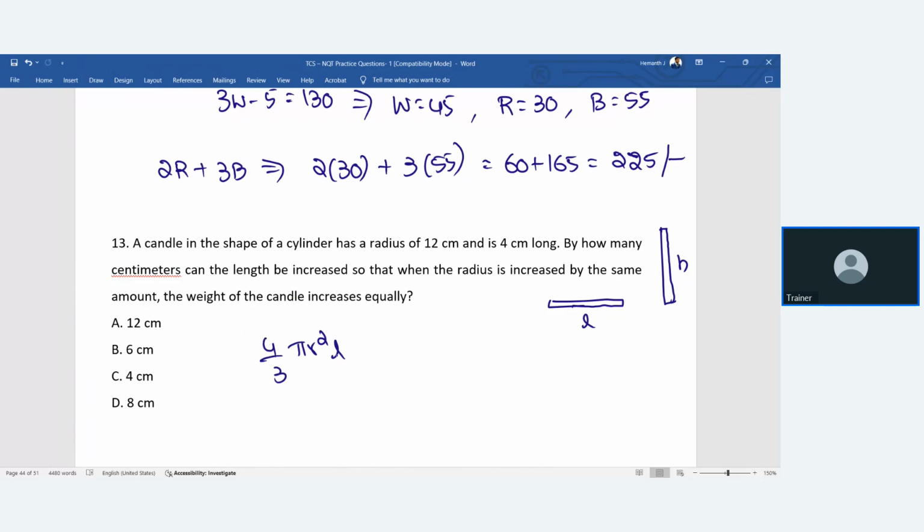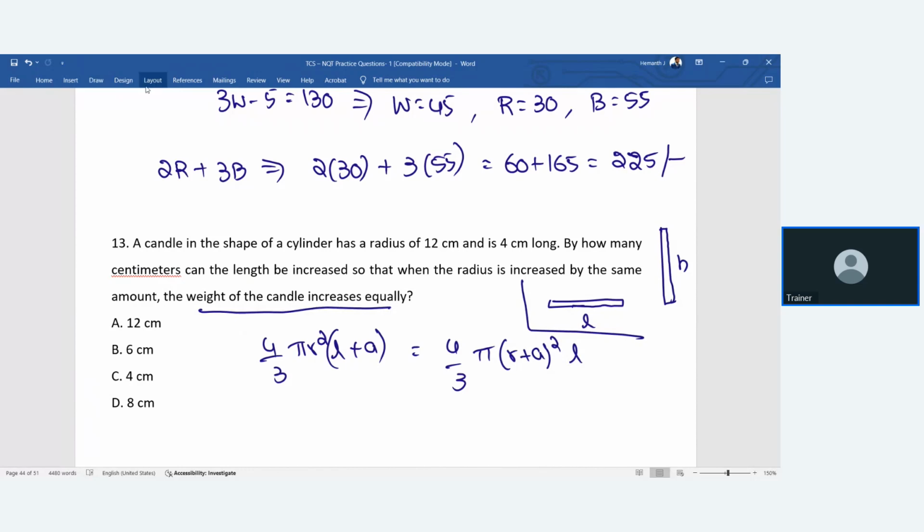So if length is increased by something called A and radius increased by A, the volume should not change. What should be that A is the question actually. The weight of the candle increases equally, both should be equal. Then what should be the A value is the question.